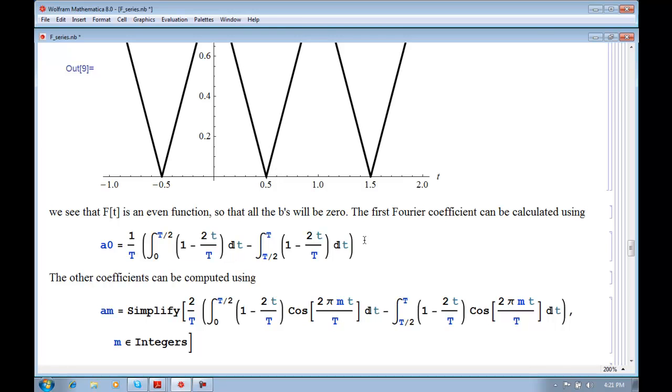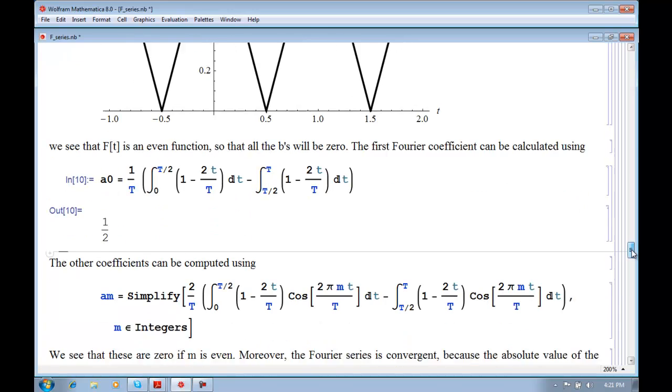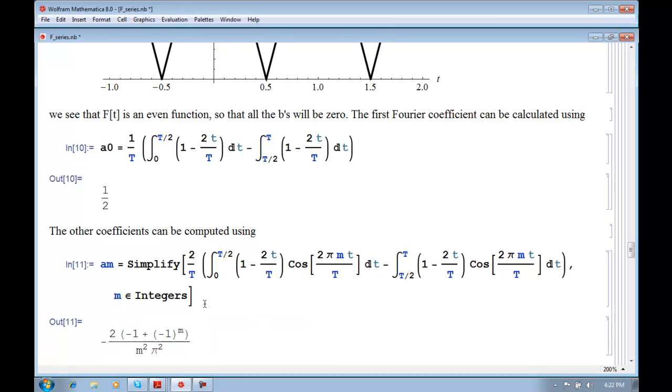So that gives us a0, which is a half, and then we can use that to compute the other cosine coefficients, remembering that the b's will all be 0. They're given by this integral minus this integral, and we can easily do that, and we get this result here.